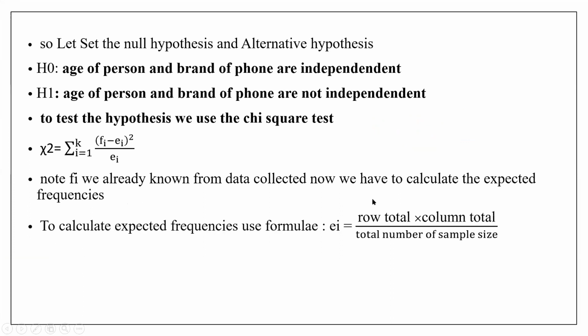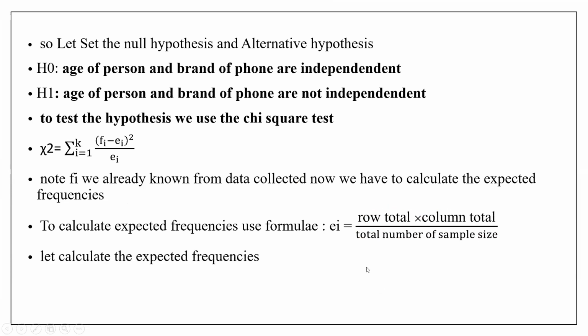To calculate the expected frequency, use this formula, which I have written very simply: the row total multiplied by the column total, whole divided by the total sample size taken. I repeat, row total multiplied by the column total divided by the total sample size taken. Remember this.